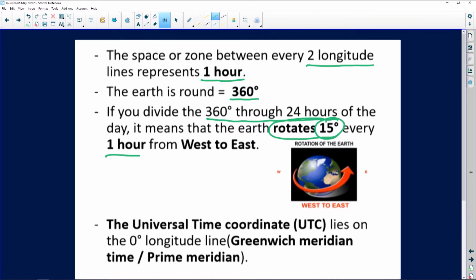So the Earth rotates around the Sun and around its own axis. And the Earth rotates from west to east. All right, guys, so just to recap what I've just taught you, because it's very important, we have to build on these building blocks to be able to eventually understand time zones and also to understand time zone calculations. So the Earth is round.